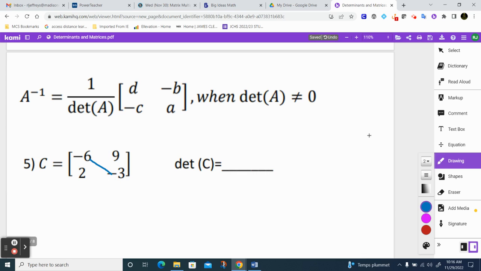All right, see, this is negative 6 times negative 3, so this is 18 minus 2 times 9 is 18. What is 18 minus 18? 0. Can we find an inverse if the determinant is 0? No. So the inverse of C does not exist.